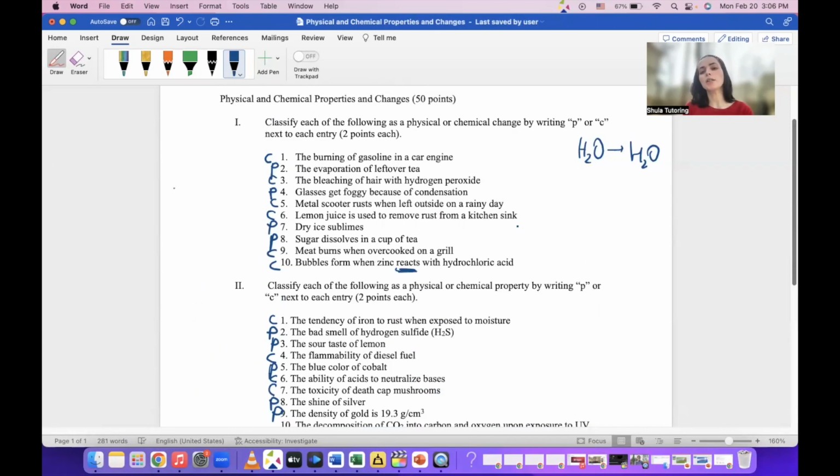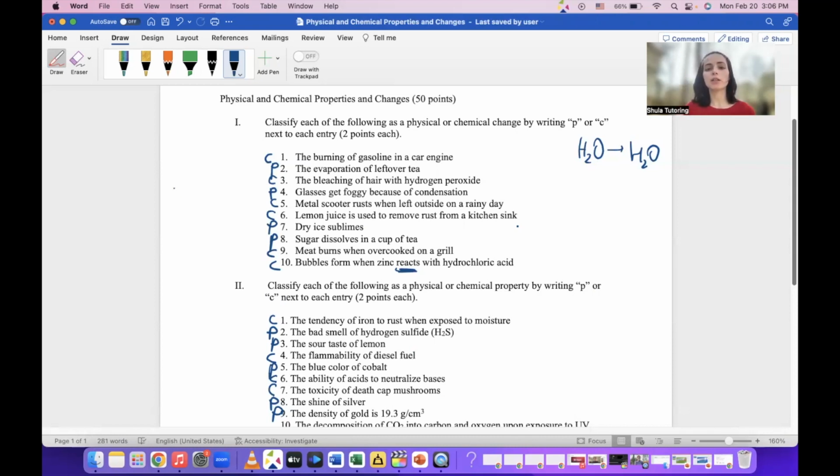Whether you are talking about physical or chemical property or change, the key here is to realize that chemical property or chemical change will involve a chemical reaction. We're changing that substance chemically and we're forming another substance.